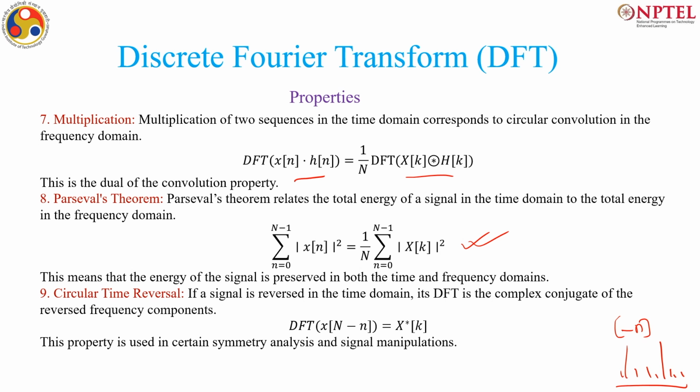The circular time reversal will give a DFT which is the conjugate of the original DFT. Like if x of n gives me X of k, then if I do a circular time reversal, it will be the complex conjugate of this.